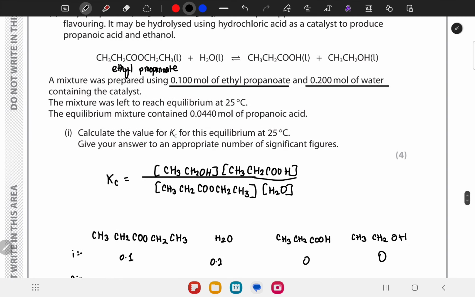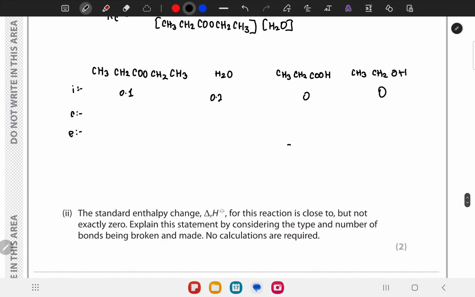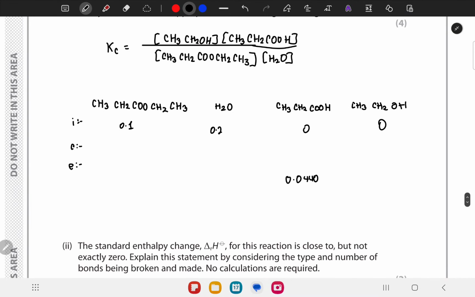Now we are told in the following information that the equilibrium mixture contains 0.0440 mole of propanoic acid. So this was 0.0440, so the change was 0.0440 as well. So this is minus 0.0440, since the mole ratio is 1:1, minus 0.0440 here as well, and 0.0440 here.